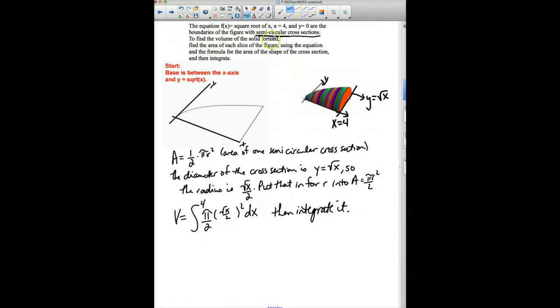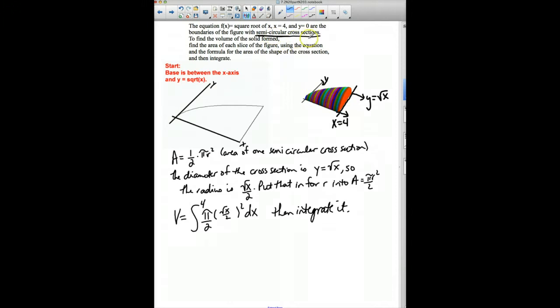To find the volume of the solid formed, find the area of each slice of the figure using the equation and the formula for the area of the shape of the cross section, and then you integrate. So we have to think about the base here as the diameter of a circle, and the diameter would be the distance from y equals 0 to the square root of x, which is the square root of x.